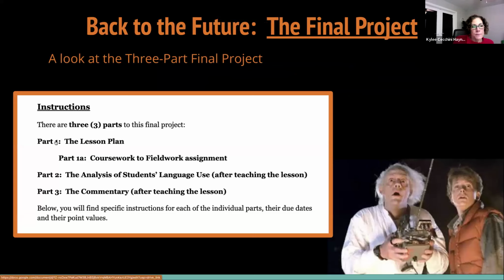There's part 1, which is the lesson plan. And as part of the lesson plan, you have what I'm calling part 1A, the course to fieldwork assignment. We'll go into that in some depth. Part 2 is the analysis of students' language use after you teach the lesson that you wrote in part 1. And then part 3 is the commentary piece, where you're reflecting on the lesson after you teach.